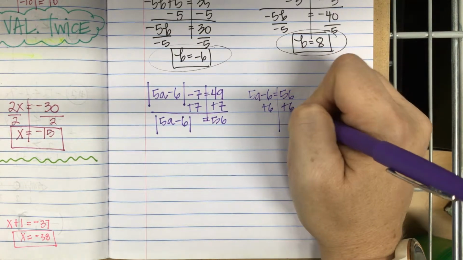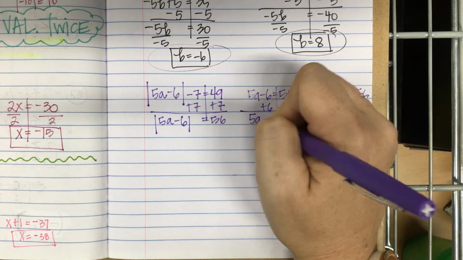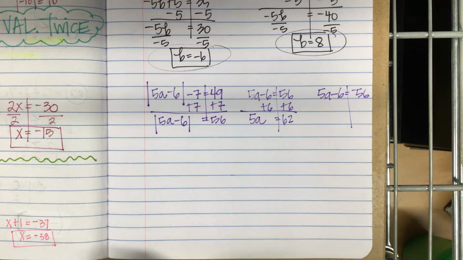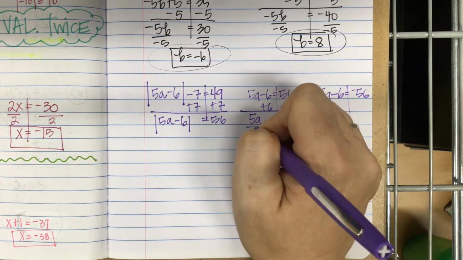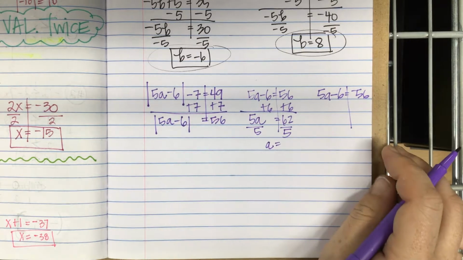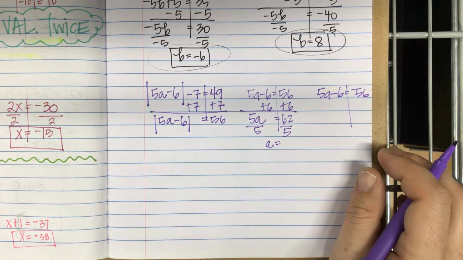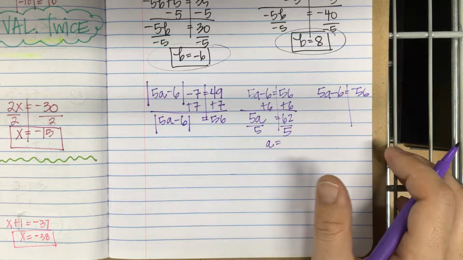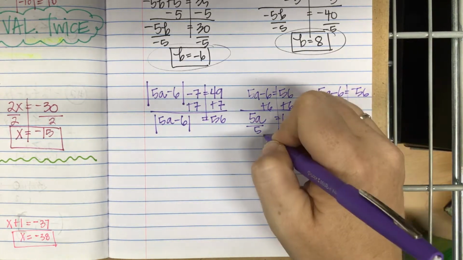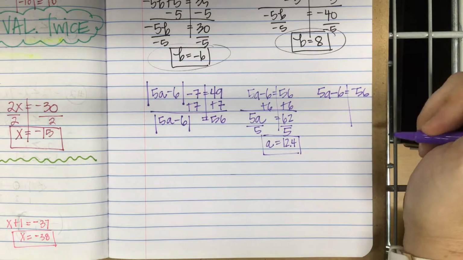Add 6, add 6. 62. Uh-oh. Divide by 5, divide by 5. 12, remainder 2, so 12.4.